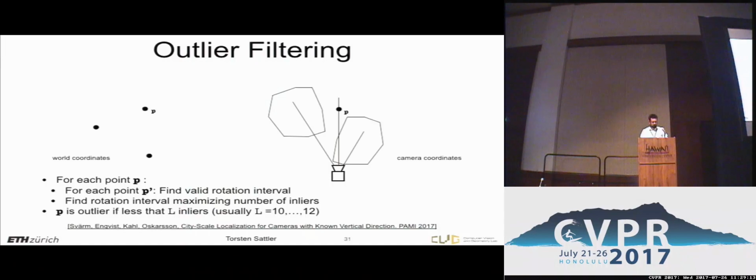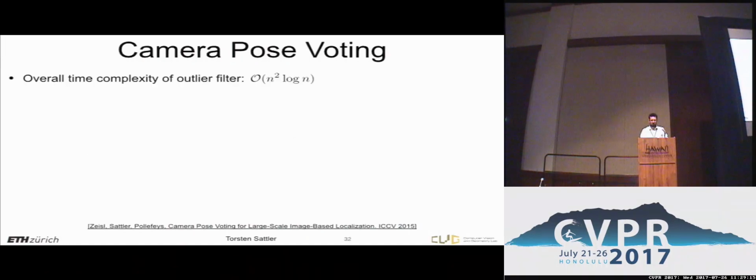This works well, but the drawback is that you need to go through all pairs, which is n squared, and computing this maximum interval requires sorting, so it's n log n, so you end up with n squared log n.